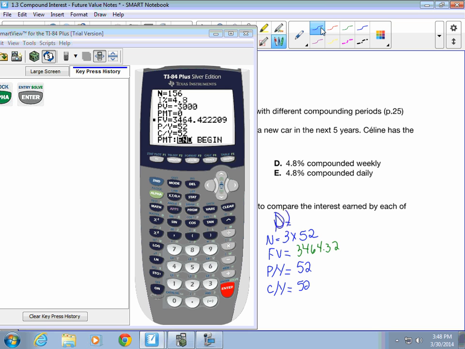And then the last one was if we did it compounded interest daily. So N is going to equal 3 times 365. So your future value you're going to find, your P per Y will be 365, and our C per Y will be 365.